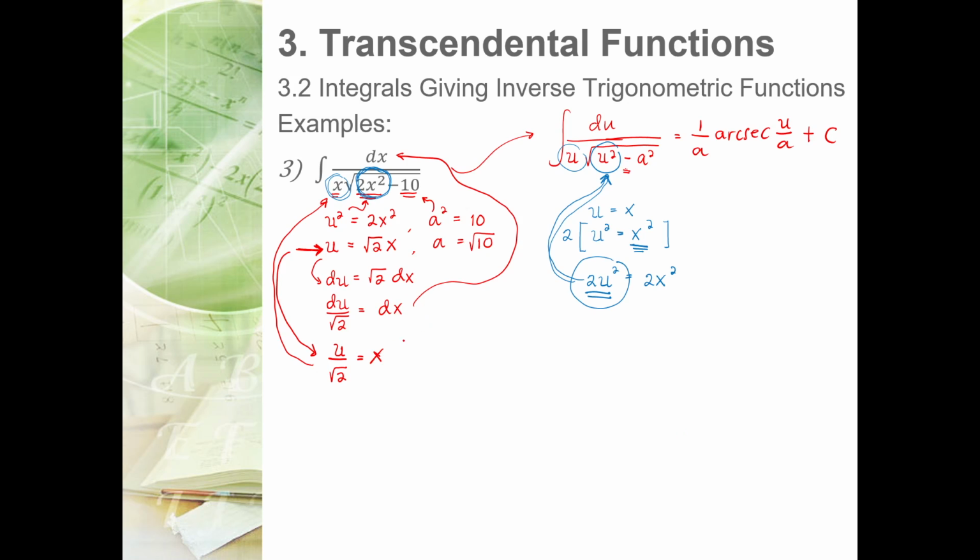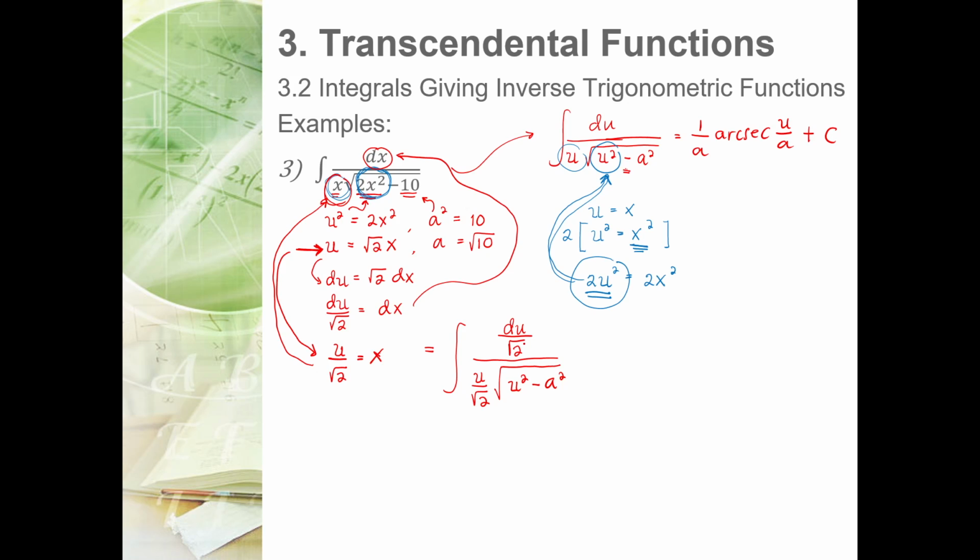So continuing with the solution. Since we have done determining every parameter, dx is du all over square root of 2. Your x term here, let's try to encircle, is u all over square root of 2. Then square root of u squared minus a squared.